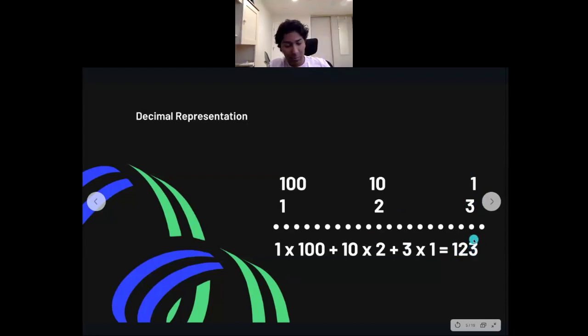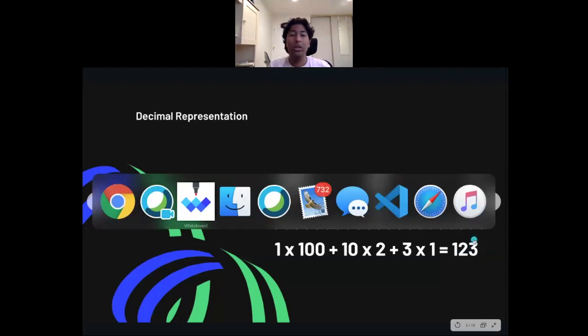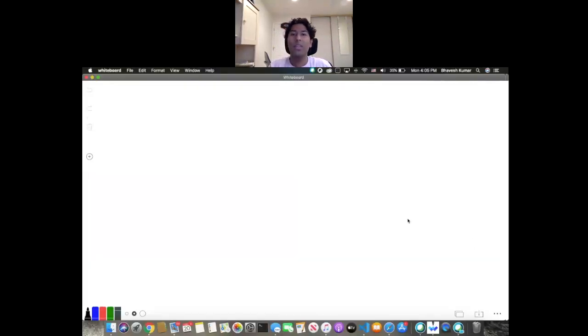In this same way, we would go on to represent binary. In decimal systems, since there are 10 symbols, 0 through 9, we represent each place value using a power of ten. So ones, tens, hundreds, thousands, 10,000s.